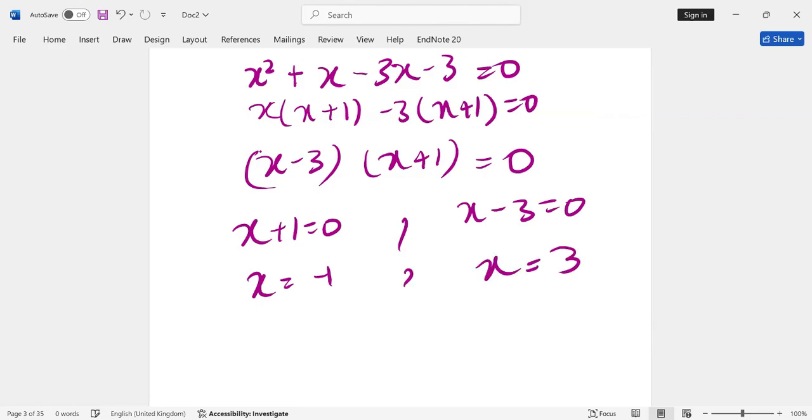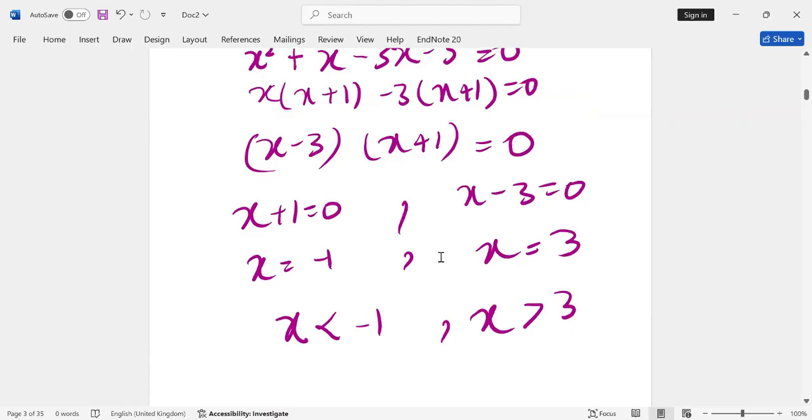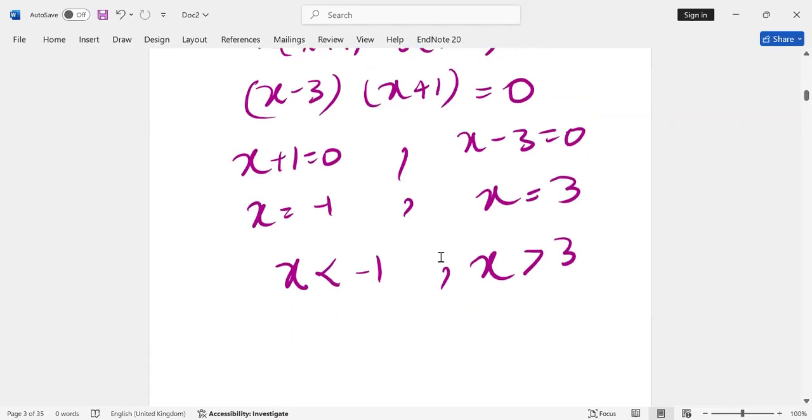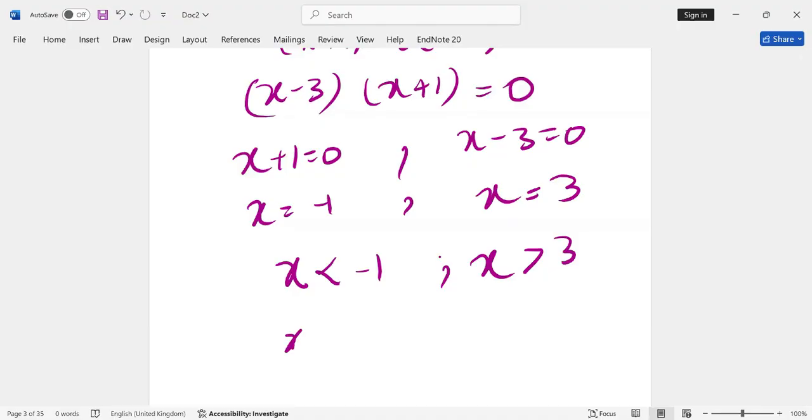So what do we say about that? We say that x is less than minus 1 and x is greater than 3. All right? So this is the solution, and how we set the notation of this solution, we can write it like that. x belongs to minus infinity to minus 1, all right, union of 3 to infinity, all right.